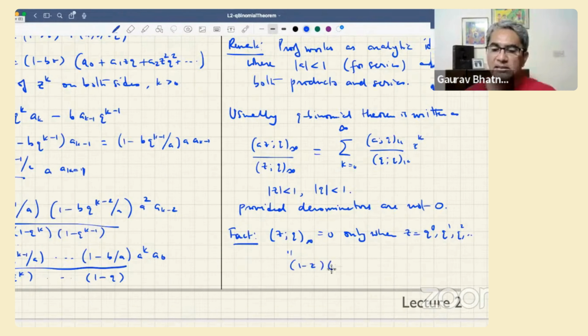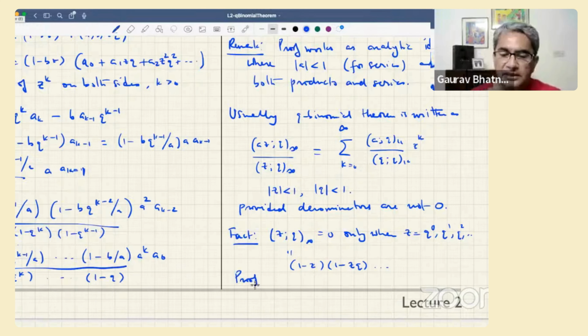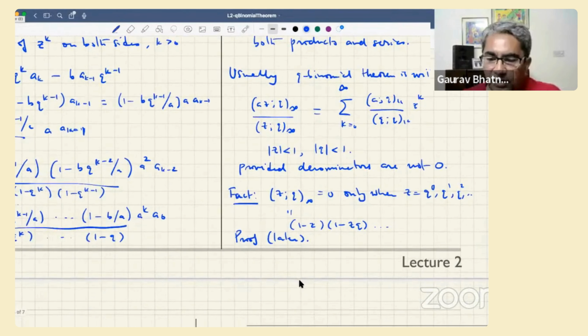It's (1 minus z)(1 minus zq), and so on. Whenever any of these terms is 0, then it's 0 of course, but we'll prove that it's only at these points. It requires some proof, so we'll prove this later.